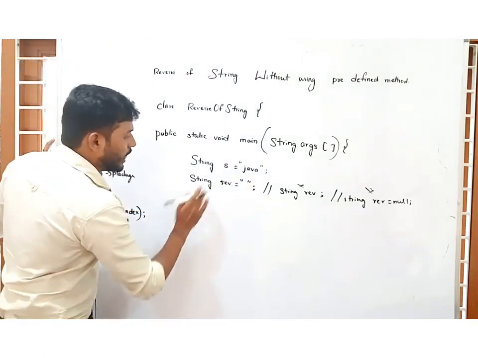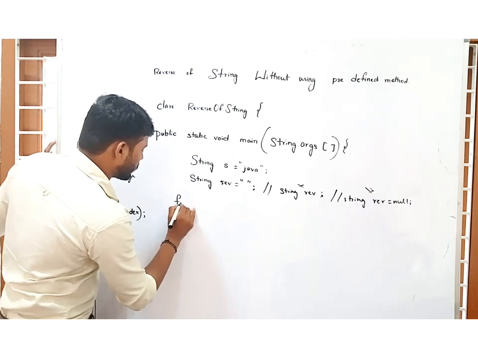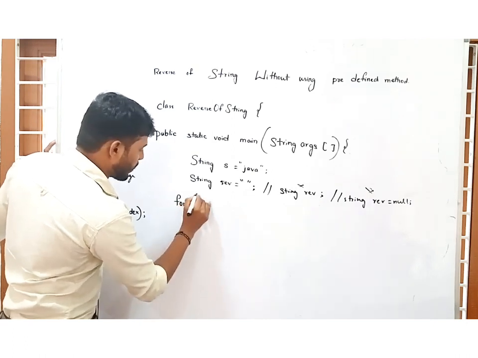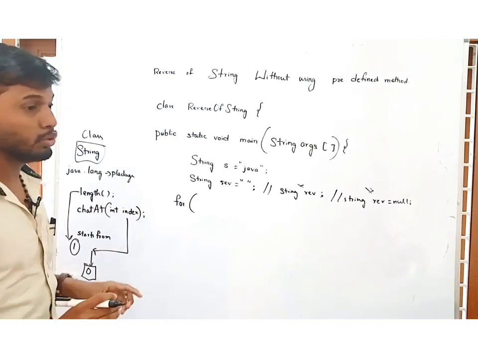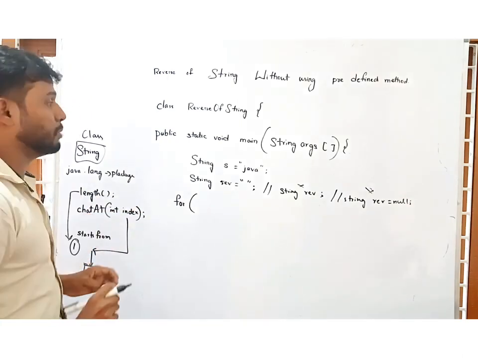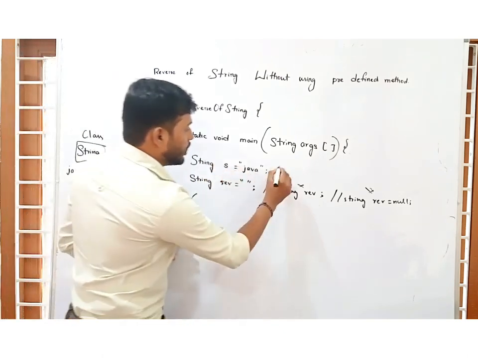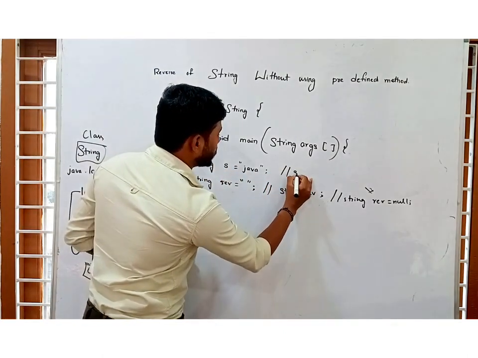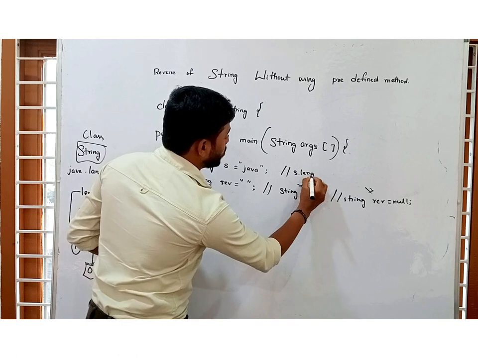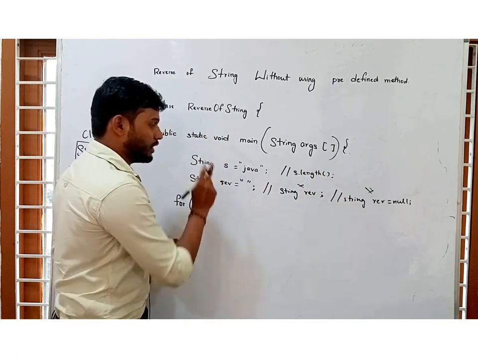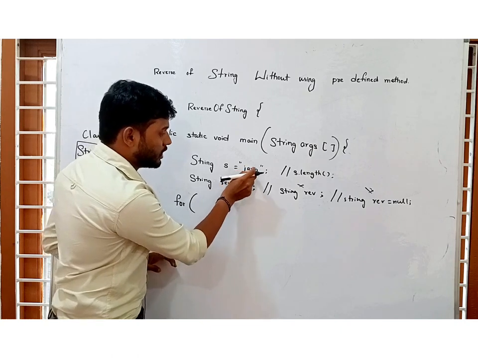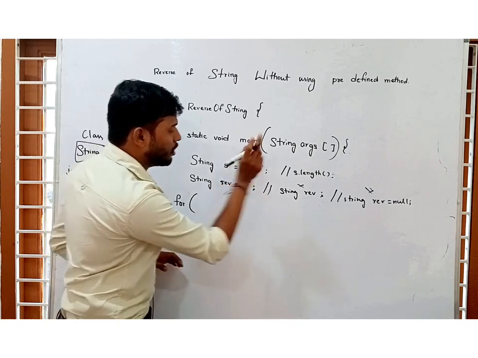Now let us see. Here I am approaching the for loop, and here I am using the two methods. Mainly we need to know that when I am using s.length, internally the JVM will check this is the 1, this is the 2, this is the 3, this is the 4.